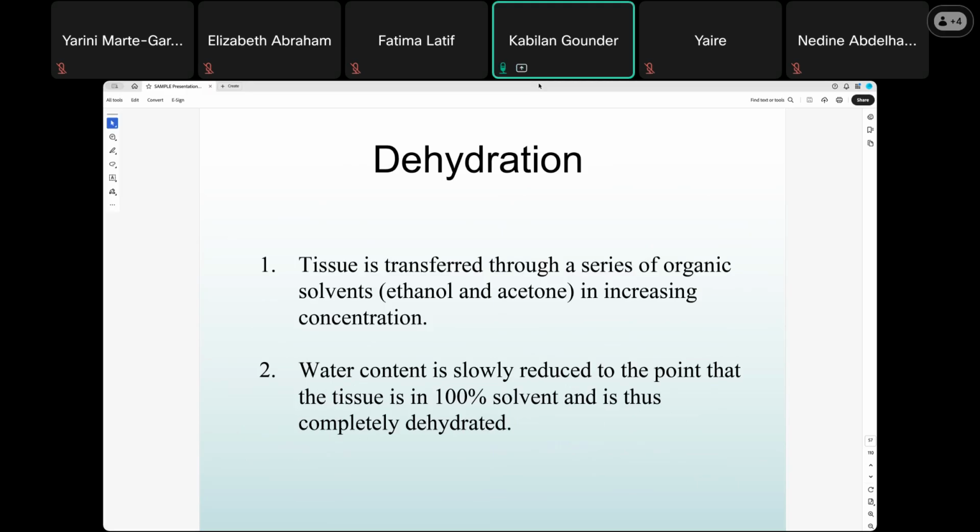If the blood flow does not go through all the tissues and cells, then the cells start dying because of the lack of oxygen. So that's why it is very, very important.